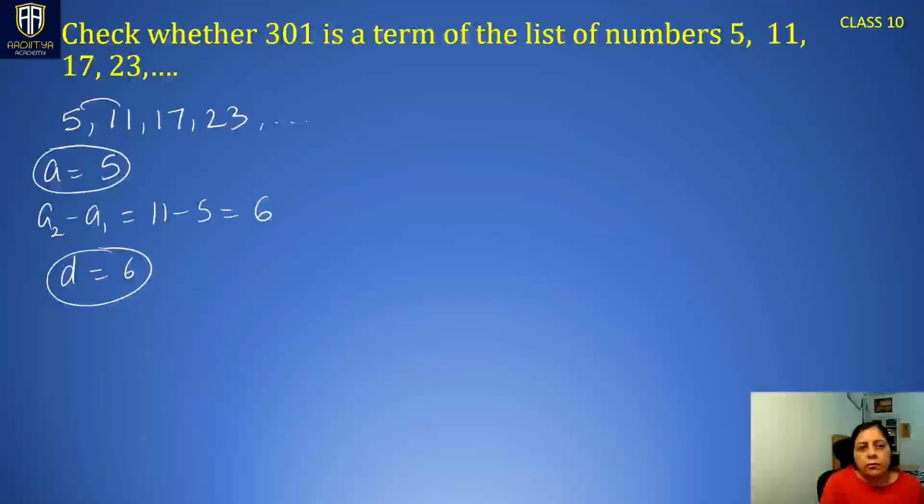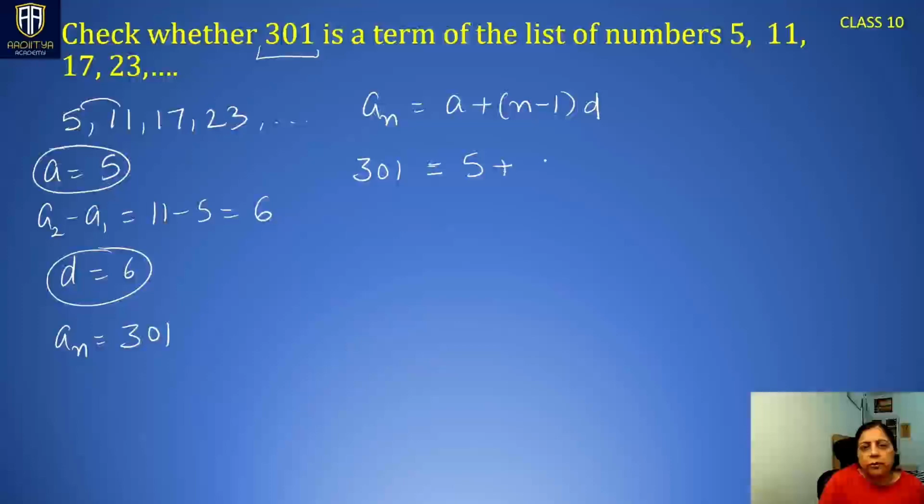We have to check whether 301 exists in this sequence or not. So that means we have to fix our an as 301. The formula remains the same: an is a plus n minus 1 d. The value of an here is 301, the first term is 5, we have to find n, and d is 6.